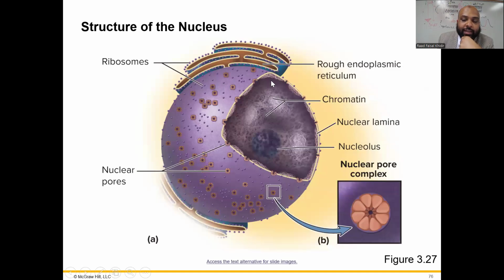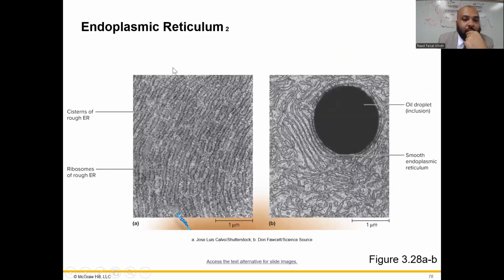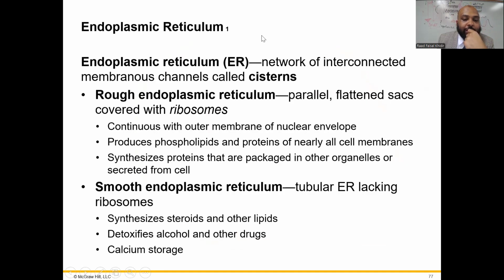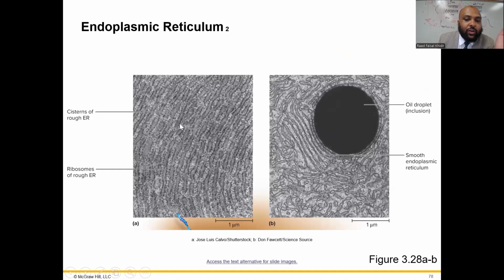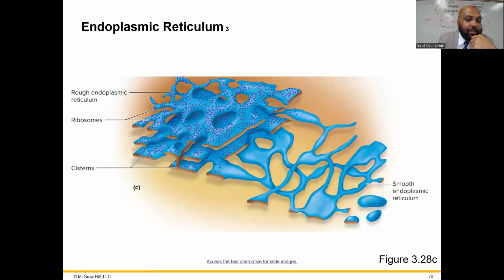That's the nucleus. It has chromatin inside, euchromatin, heterochromatin, and you have endoplasmic reticulum. These are networks of interconnected membranous channels called cisterns. There's rough endoplasmic reticulum. It has the ribosomes that are making proteins that are going outside. And the smooth endoplasmic reticulum does lipid synthesis and detoxification.